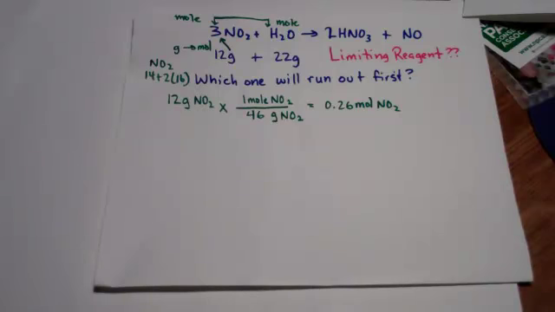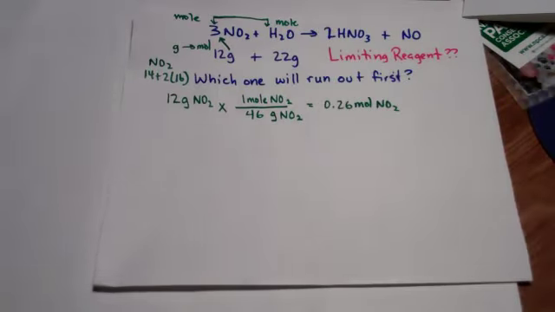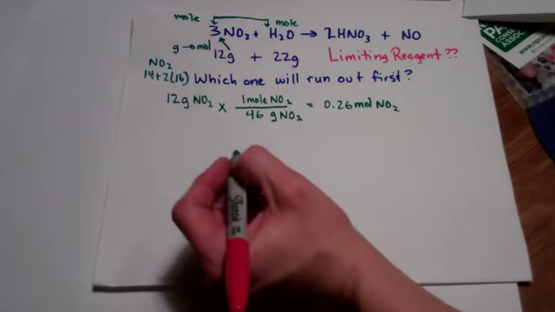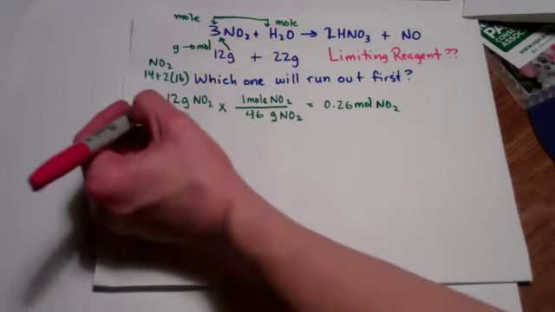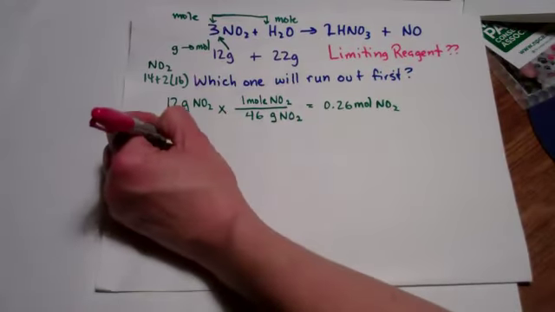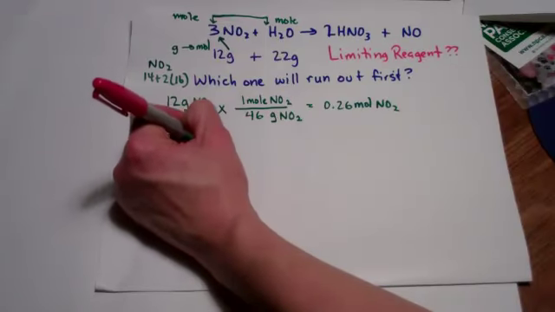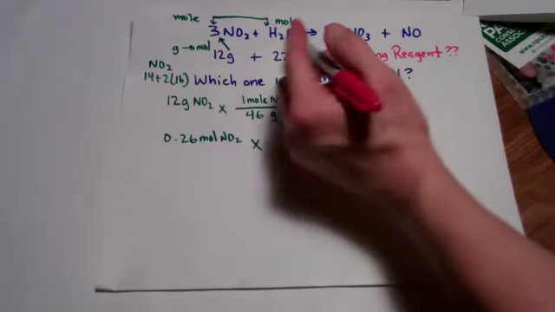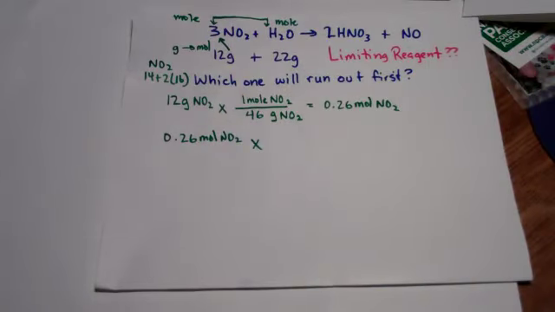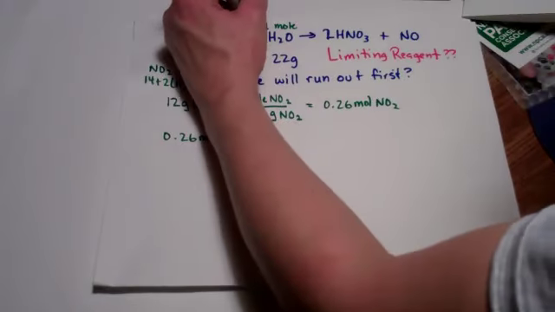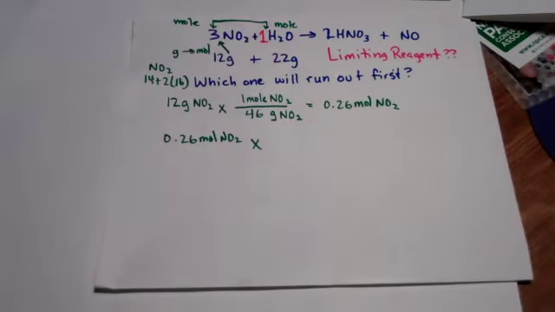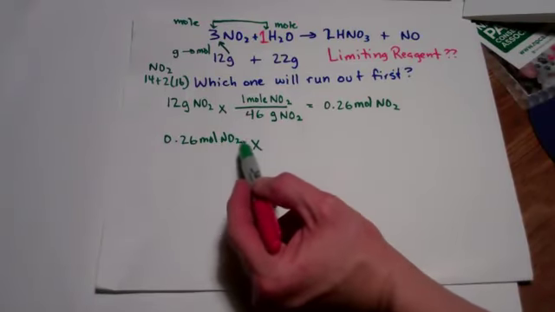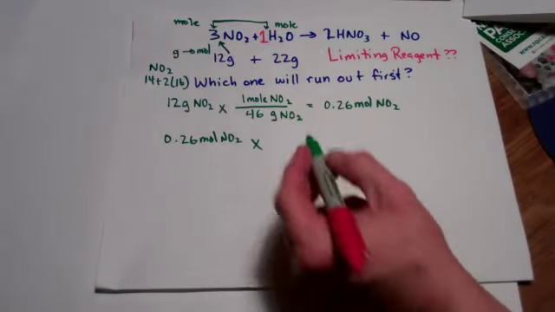That doesn't really help us yet. So we need to calculate how many moles of water we would need to react with those moles that we have of our nitrogen dioxide. So we need to now calculate moles of water from this value. We start out with 0.26 moles of NO2. And we can see that our conversion is going to be 1 to 3, right? That's a coefficient of 1 in front of our water molecule up there. So we know for every 3 moles of NO2, we're going to need 1 mole of water.